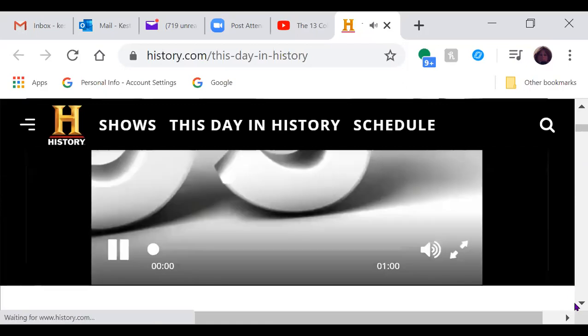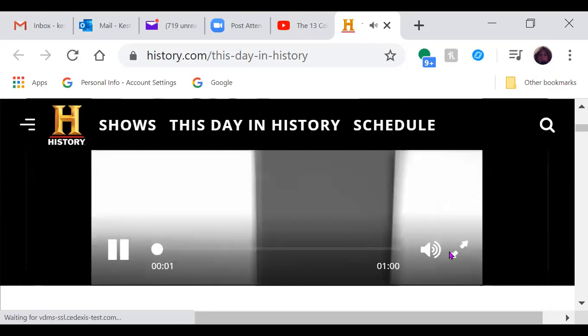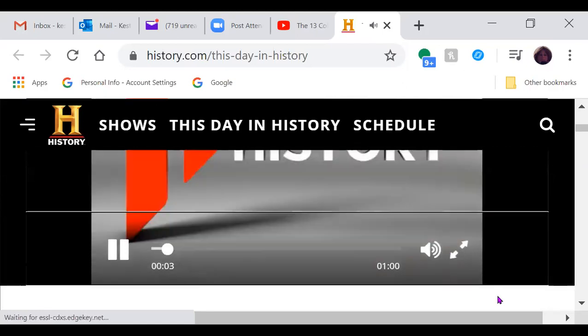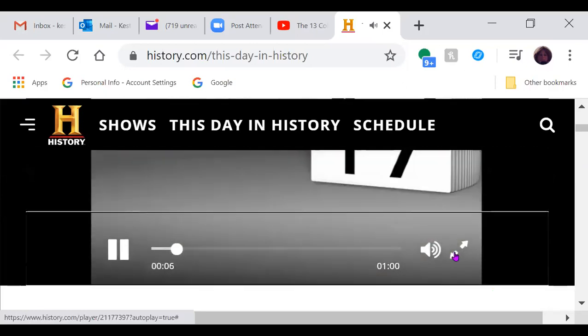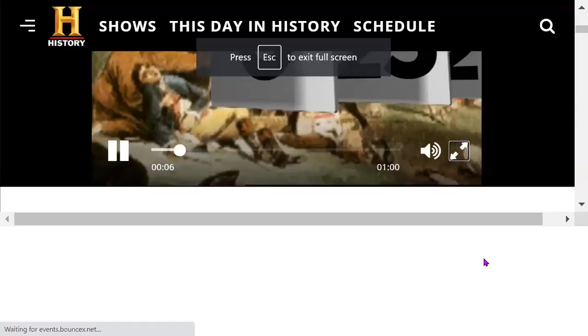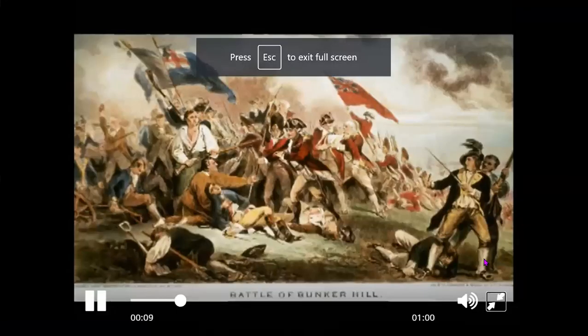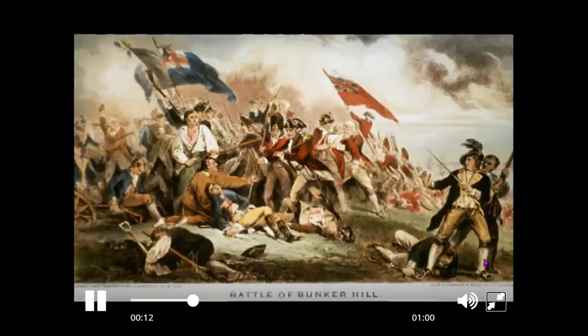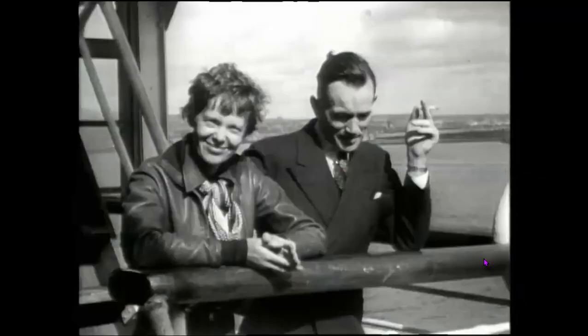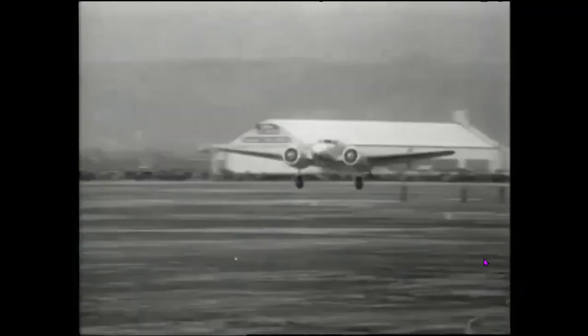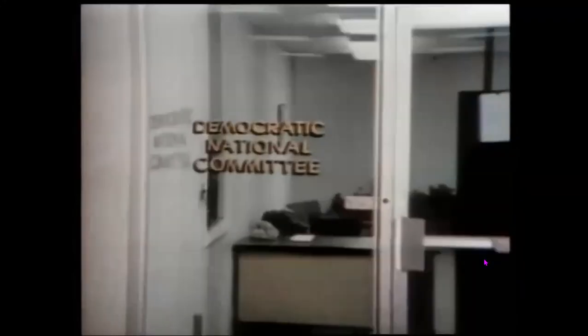Here we go. Here's a look at this day in history. In 1775, the Battle of Bunker Hill was fought between British soldiers and Boston militia. On this day in 1928, aviator Amelia Earhart became the first woman to fly solo across the Atlantic. In 1972, 5 men were arrested for burglarizing Democratic Party headquarters at the Watergate complex in Washington.